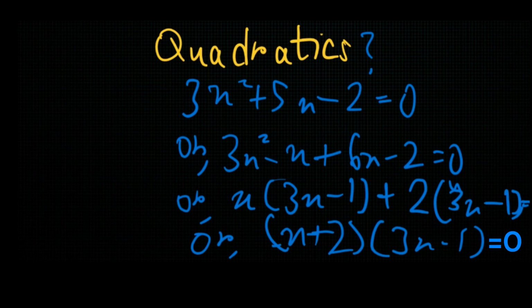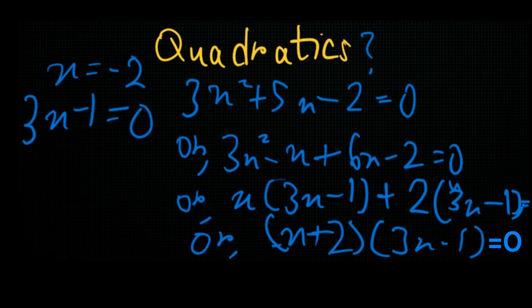Now we can solve for x. Taking 2 to the other side, x equals negative 2. And in here, 3x minus 1 equals 0. Well, taking 1 to the other side, I'm going to show it practically in case you forgot.